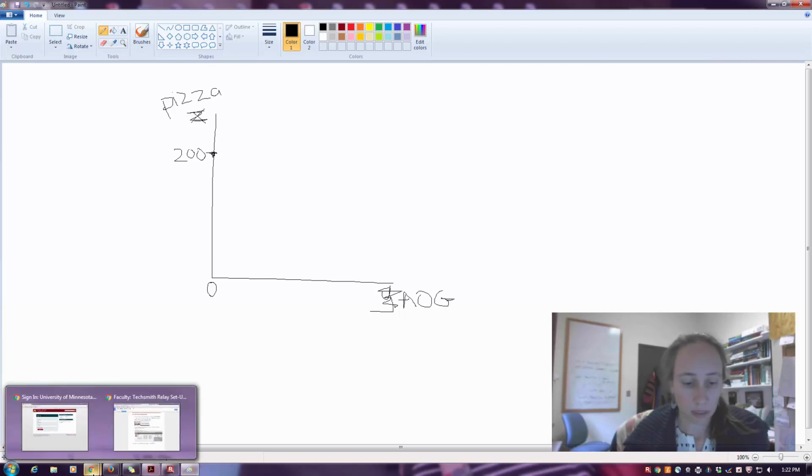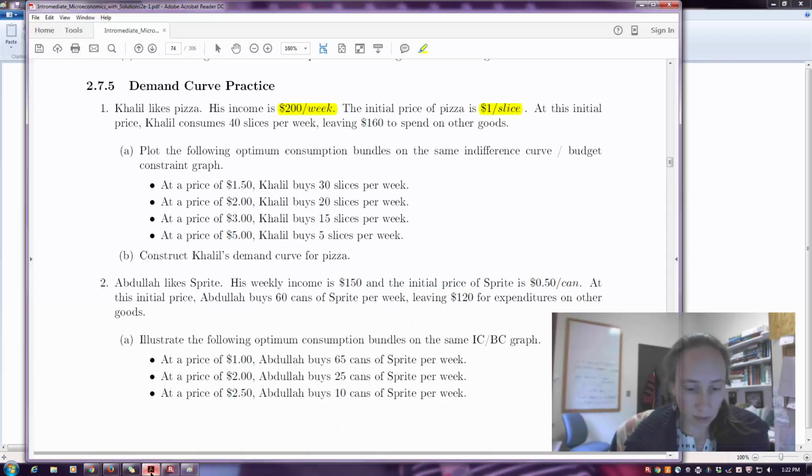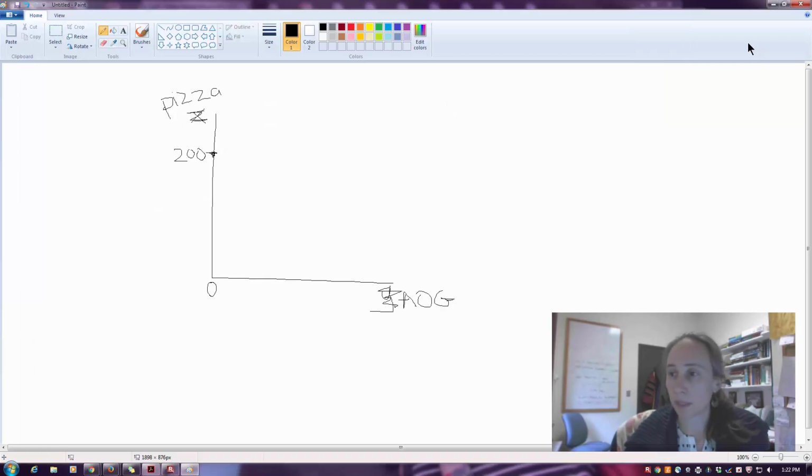There must have been information here about what all other goods go for as well. I guess we're just going to arbitrarily put that at $1. I suspect that's what they do in the text. So his other choice is to spend his $200 on all other goods and get no pizza.